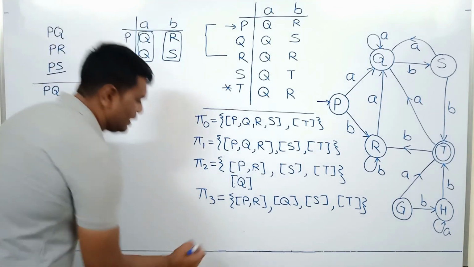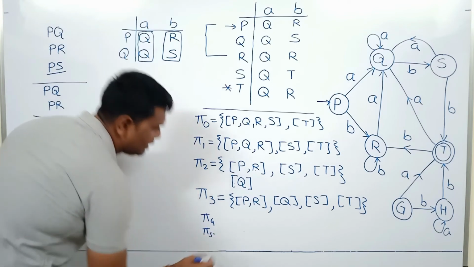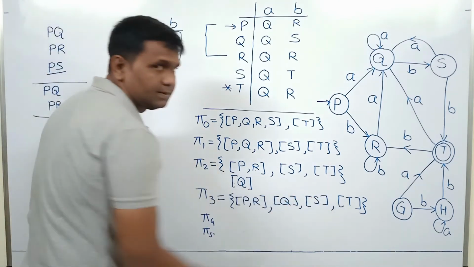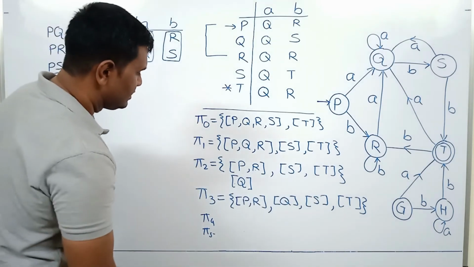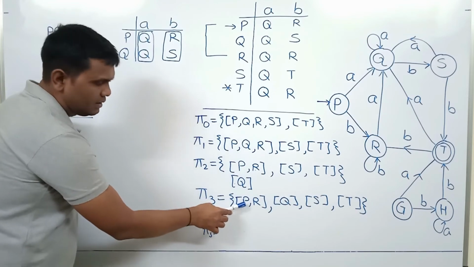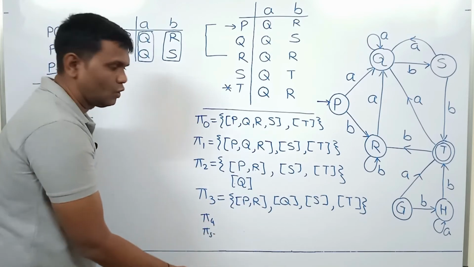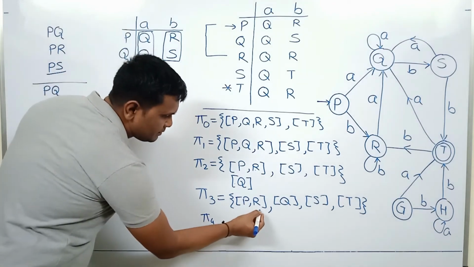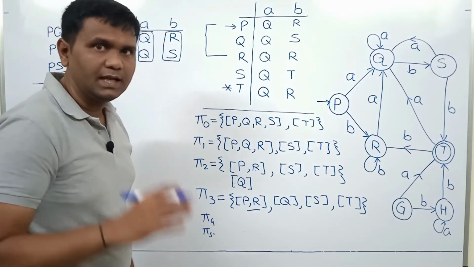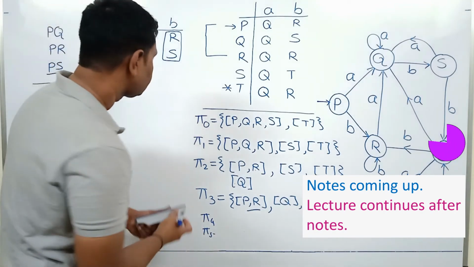The reason is, even if we calculate four equivalent or five equivalent, we will get the same set. So states P and R are three equivalent, they are also four equivalent, also five equivalent and so on. So these states P and R are equivalent states. In the minimal DFA we have to group them together.